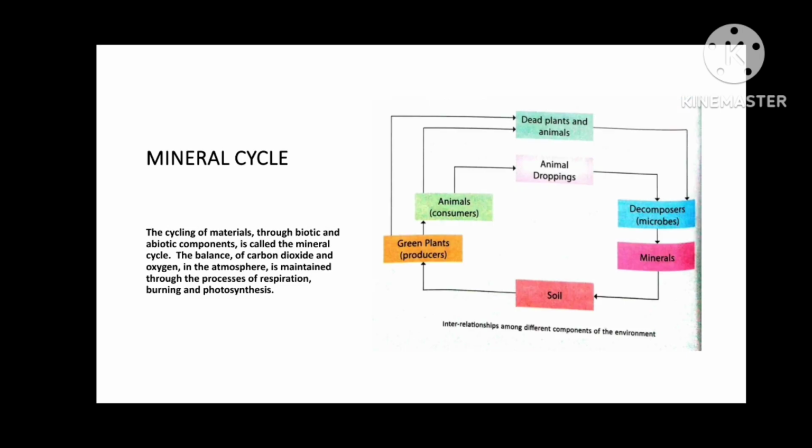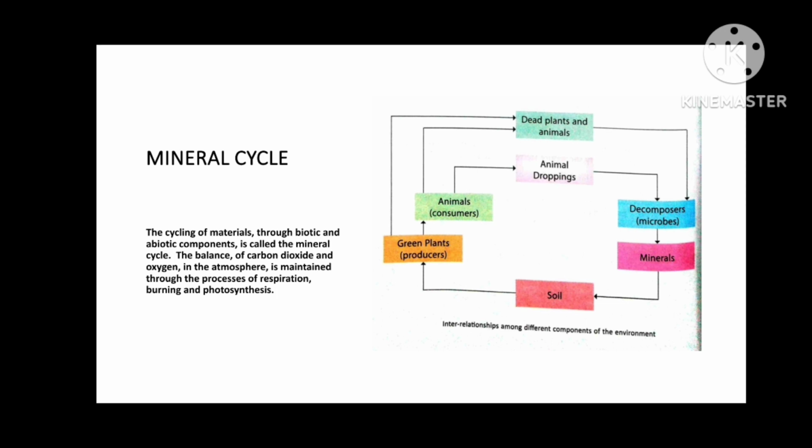Mineral cycle. To play the mineral cycle, the role of decomposers is most important. Decomposers convert the dead plants and animals into minerals while obtaining their food. That minerals are fixed into the soil.